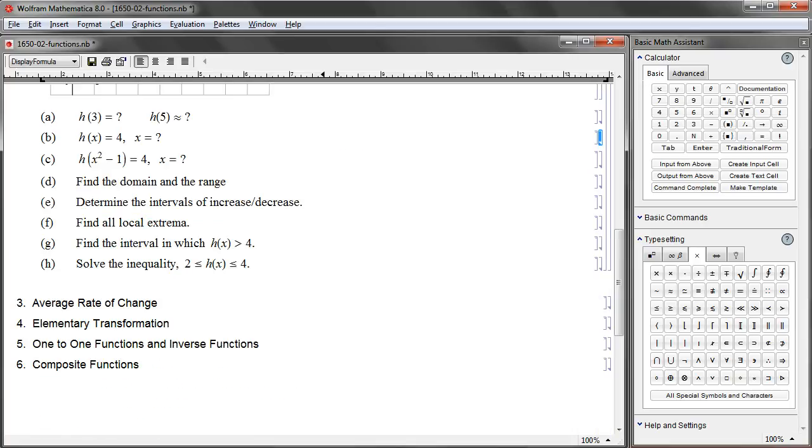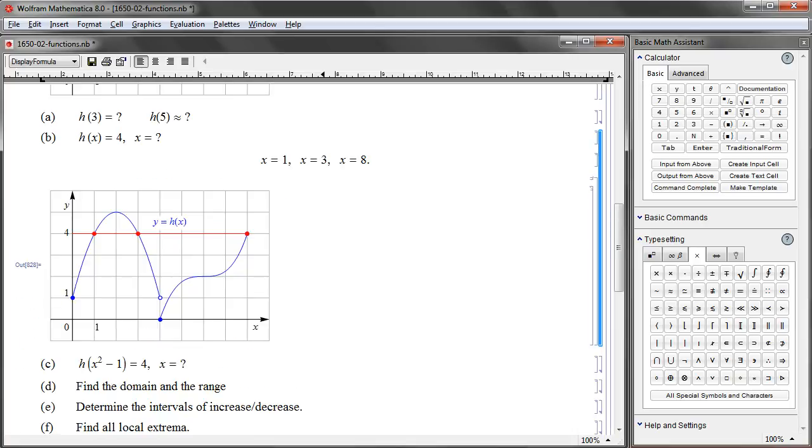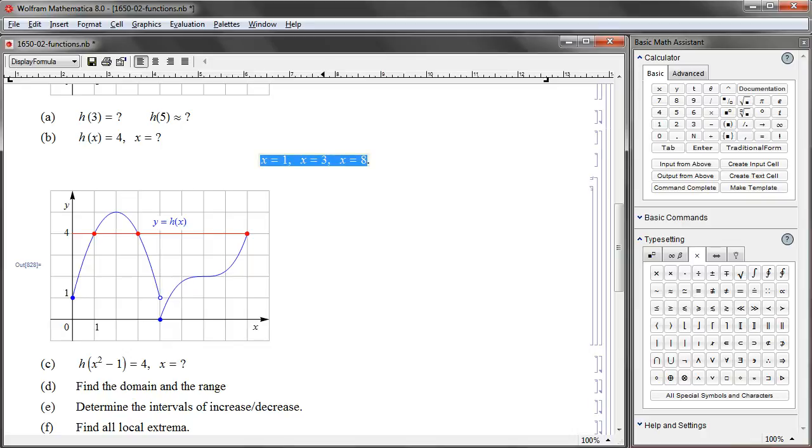Now let's go one more step. Actually, I still want this graph. How about problem C? h of x squared minus 1 is equal to 4. How do we do that? In the previous problem, when h of x is given as 4, that x value is either 1, 3, or 8.